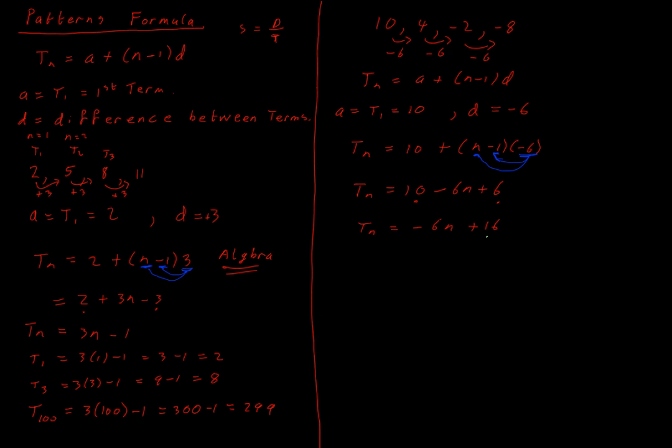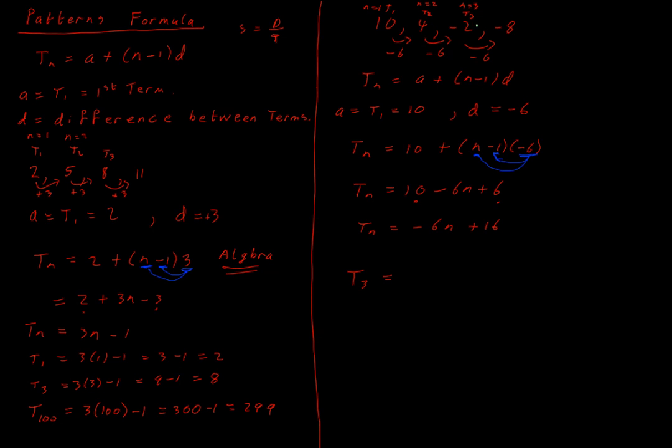Now this is a rule that tells me exactly what any term that I want in my list here. So this is term 1 when n is 1. When n is 2, it's term 2. When n is 3, it's term 3, and so on. So if I wanted to know my third term, that would be when n is 3.